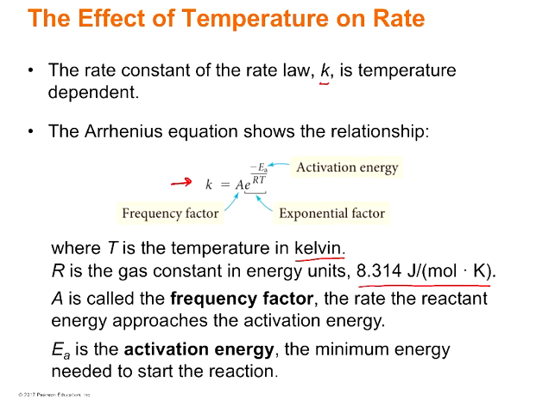So we'll look at a diagram of that in a second. And then EA is that activation energy, which is the minimum energy needed to start a reaction. Okay, so very important equation. Now, this form of the equation might not be super useful, so we'll see other forms of this equation.